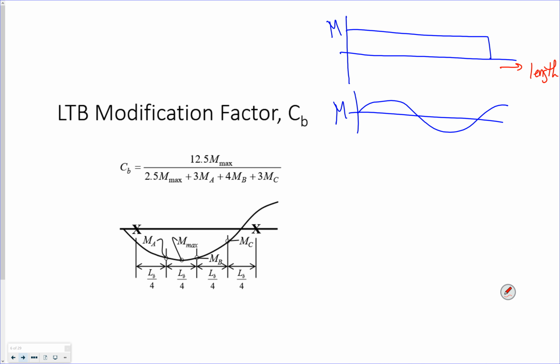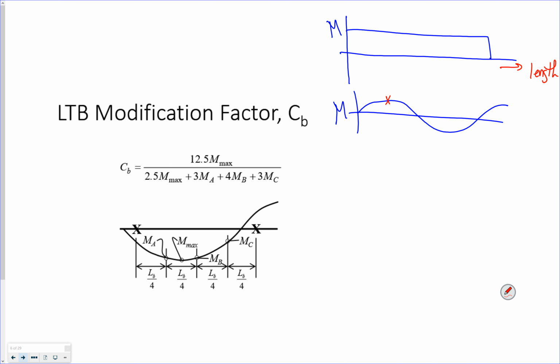Because of that, why do we need to design for the very worst, when that might only be happening for a very short amount of length? Why should we design an entire long beam for just that one little moment?